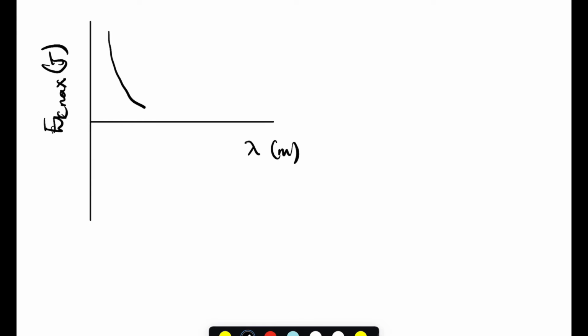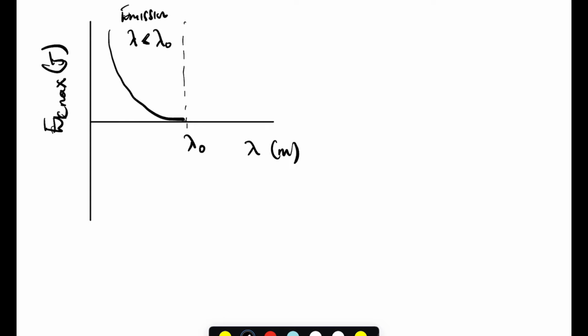So the graph is going to be a curve that shows the inverse proportionality, and this line here is the threshold wavelength, or the cutoff wavelength. On this side, the wavelength is lesser than the threshold wavelength, and the photoelectric effect, which is the emission, has occurred.